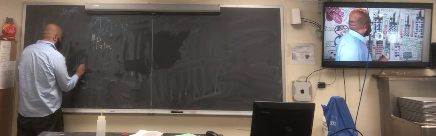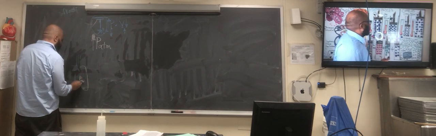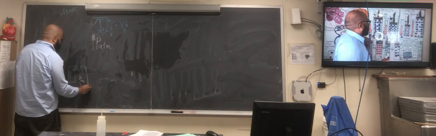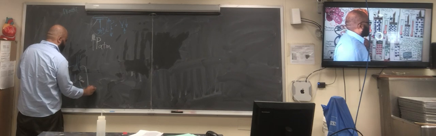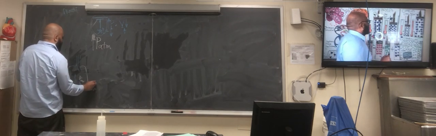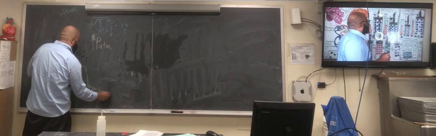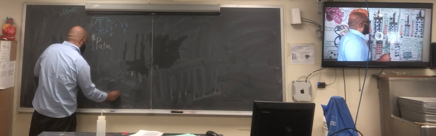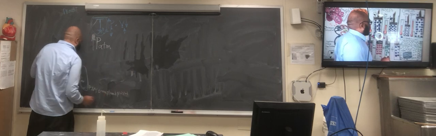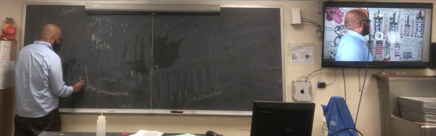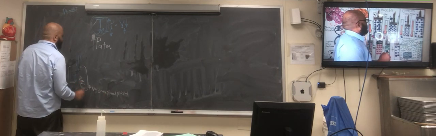And then there is a third kind of pressure known as PIP. PIP is intrapleural pressure. And P alv is alveolar pressure.